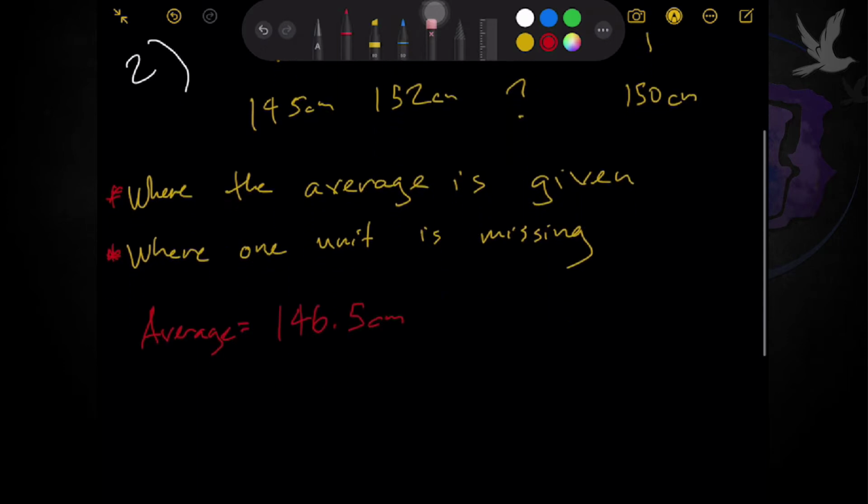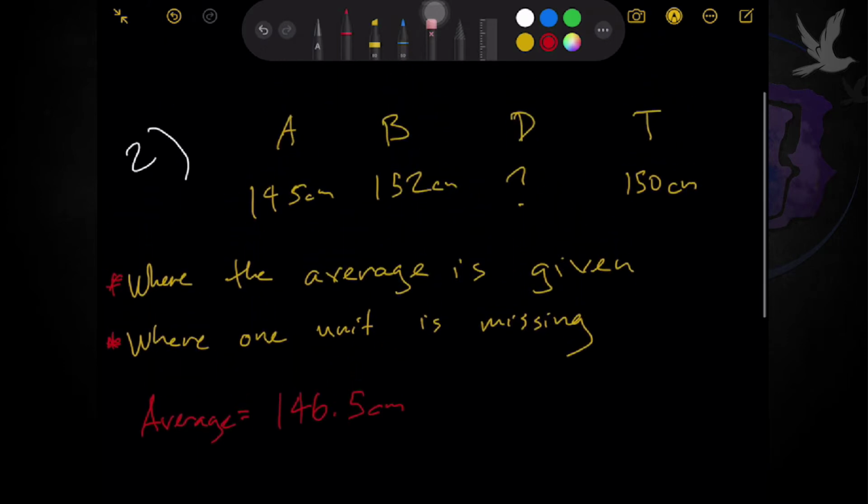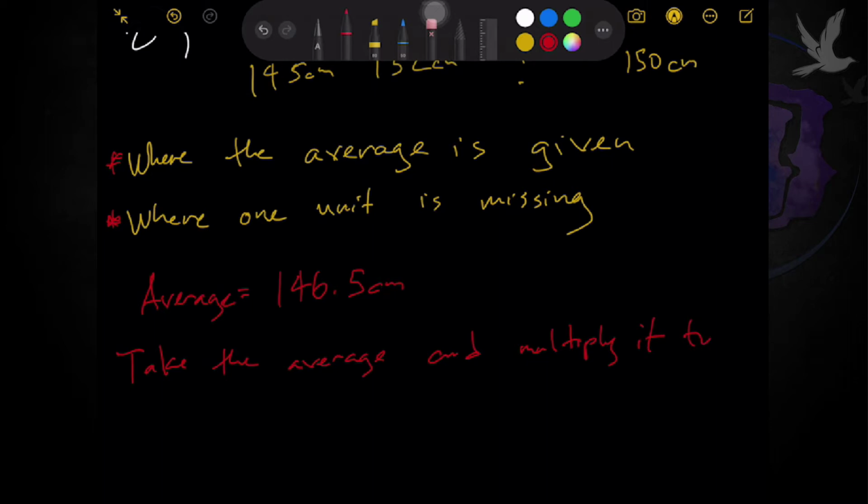What do you do with the average? You need to count the number of units present here. You have 1, 2, 3, 4. Take note. Take the average and multiply it to the number of given units.